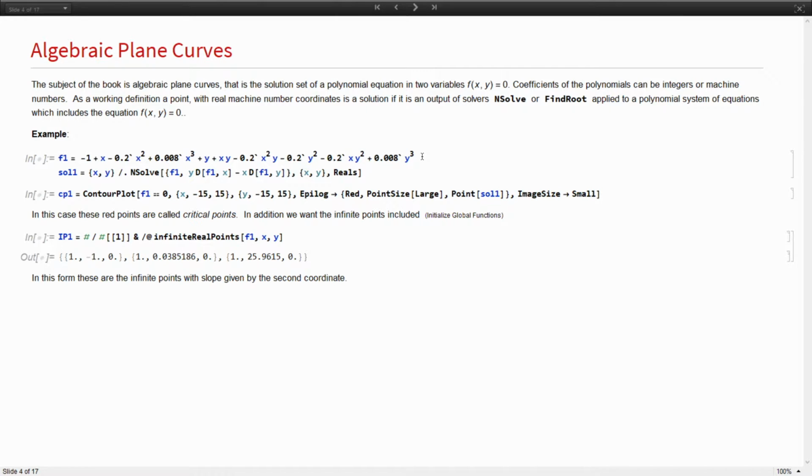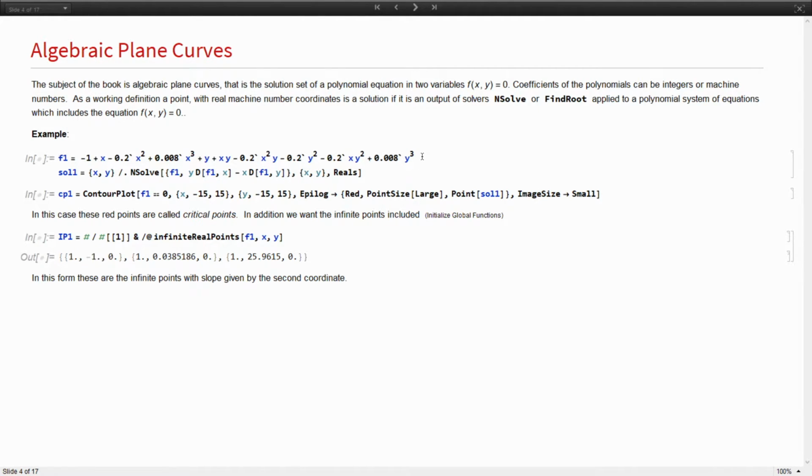It could have integers as coefficients, or, in this case, rational numbers as decimals, or it could be Mathematica machine numbers. Exactly what that solution space is, you have to read about in the Mathematica Journal version.